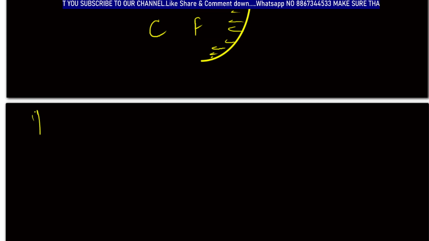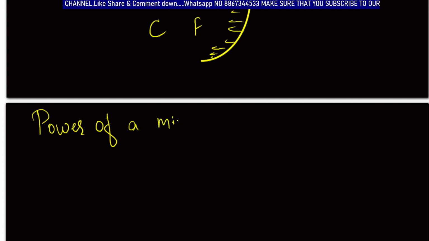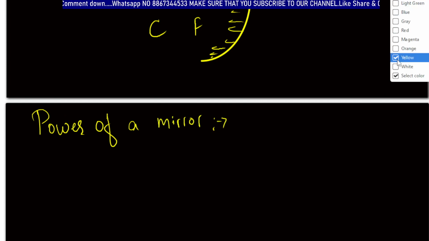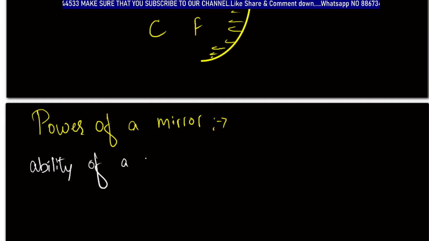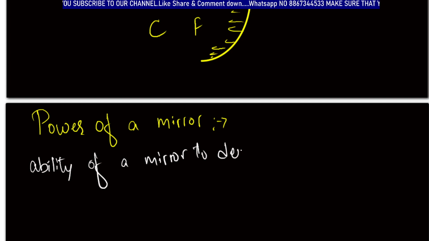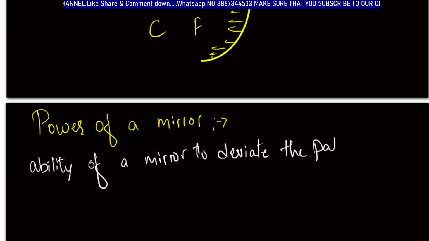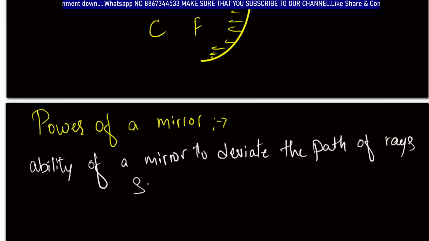power of a mirror. So what is this power of a mirror? Power of a mirror is nothing but the ability of a mirror to deviate the path of rays striking it.